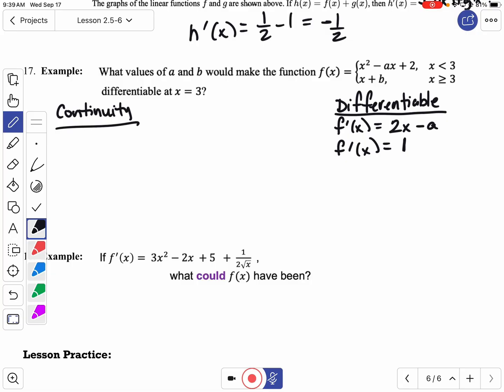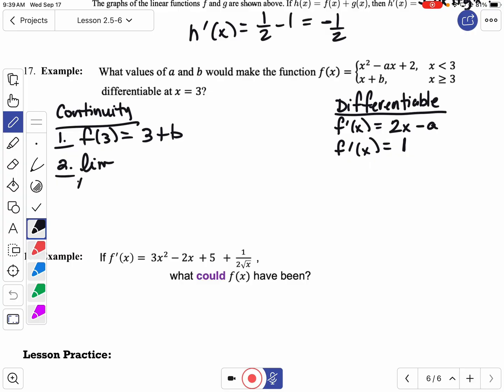If I'm doing continuity, the first thing, f at 3 has to exist. Which piece are we going to use? Yep, that bottom piece. So it would be 3 plus b. Part 2, we would look at the limits.